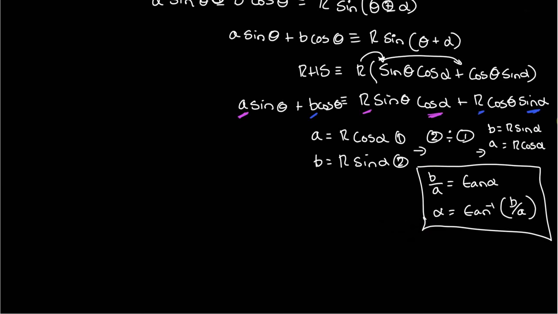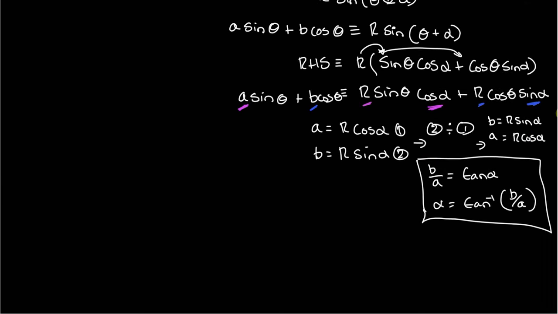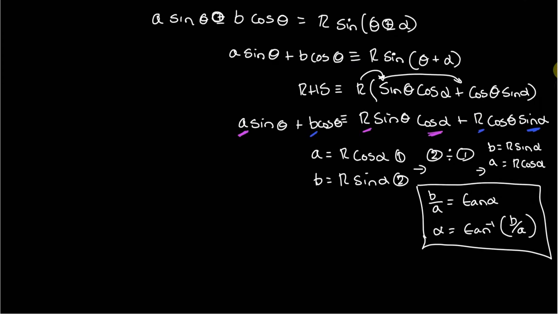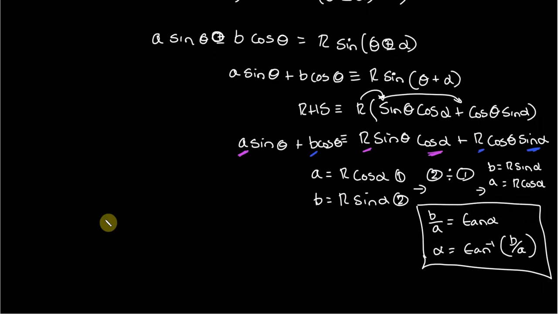Going back to what I mentioned at the outset of this video, but deeper still, we can expand on this a little bit more. I'm not going to prove this here, but it's always the case that you can solve for r, that r equals the principal root of a squared plus b squared.